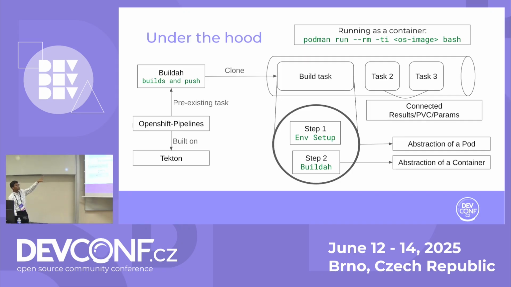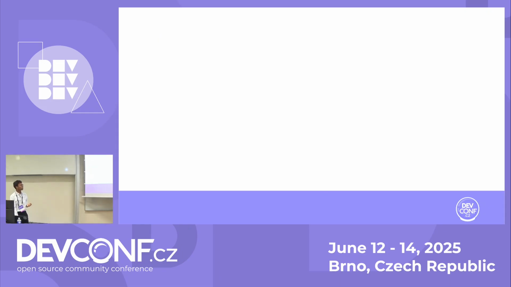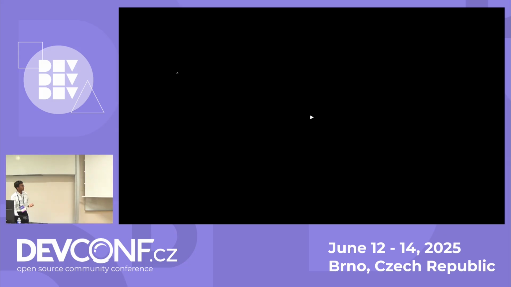And for each of these tasks after the build task, since we have already built the image, we just spawn a bootable container without running the Linux kernel inside. And obviously, all of these tasks can talk to each other using runtime arguments as well as any persistent volumes that you might have. All right, so let's look at a working demo for this.